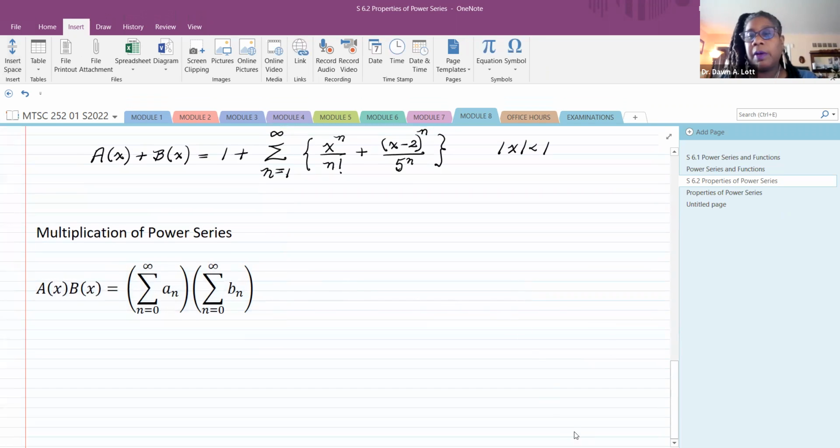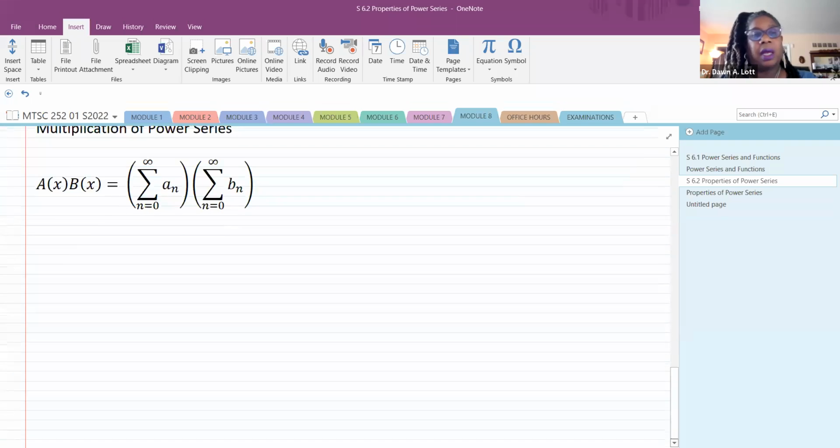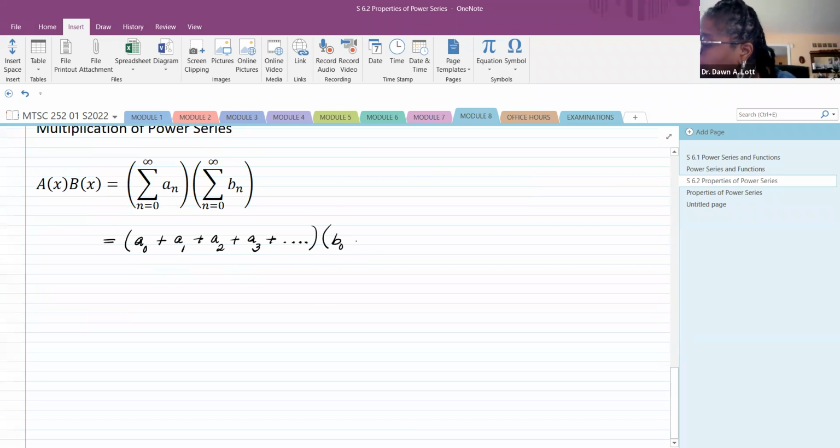Okay. All right, so if we write this out, this turns out to be A0 plus A1 plus A2 plus A3 plus dot, dot, dot times B0 plus B1 plus B2 plus B3 plus dot, dot, dot.